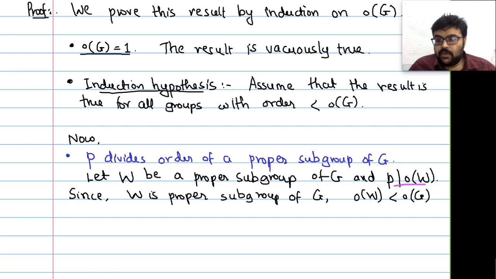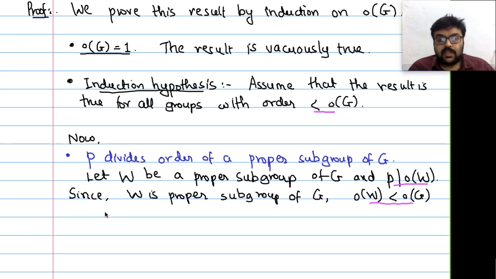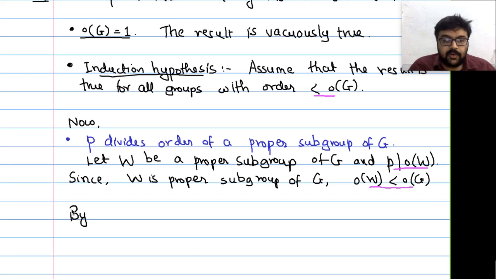P divides order of W, and order of W is strictly less than order of G. So by induction hypothesis, W has an element of order P.